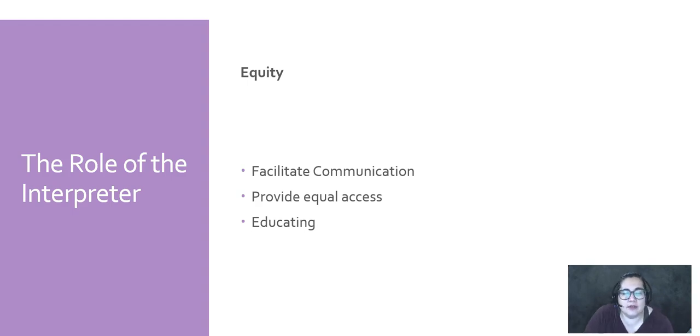With professionalism, what we really have to consider is that our role, in a nutshell, is to facilitate communication, to provide equal access, and often to educate on the role of the interpreter. It is not our job to take an opportunity away from a consumer; it's our job to make sure they grab it. Example: when someone asks the interpreter, "How do you sign milk?" I often redirect, "How do you sign..." and I fingerspell it.